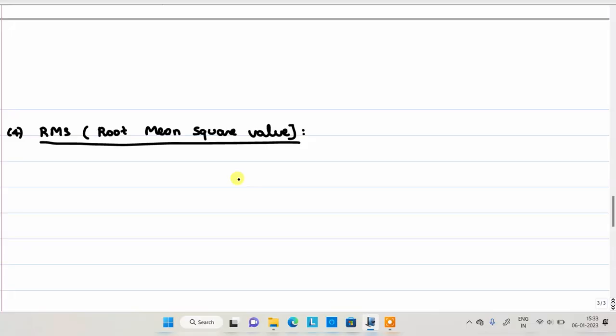First of all, see what is meant by RMS value. Let me take a resistor, and I connect this resistor to a DC supply, for example. Current will flow through this resistor and heat will be generated, that is I square R, the heat losses.